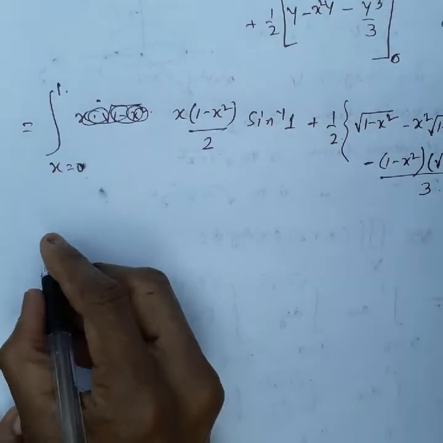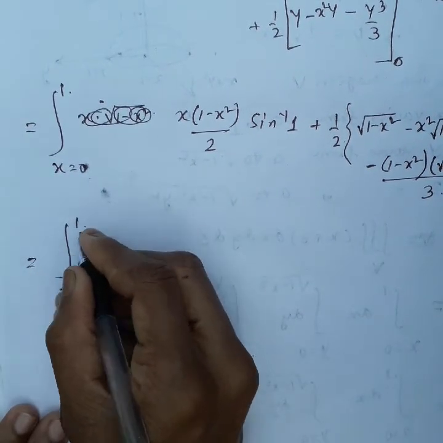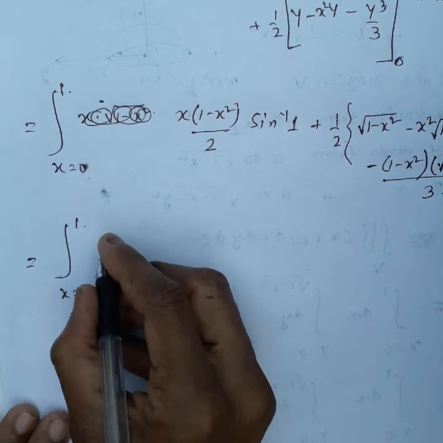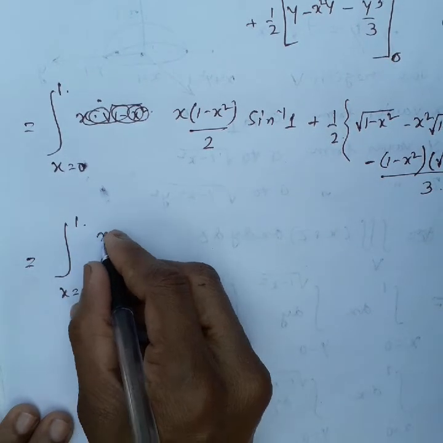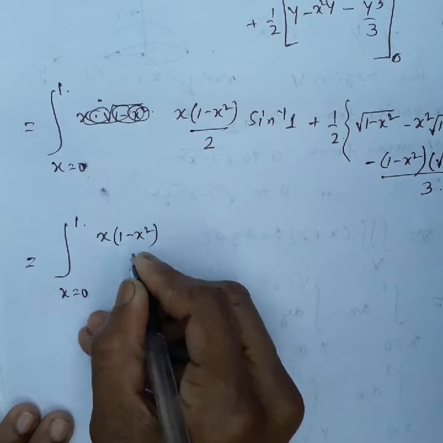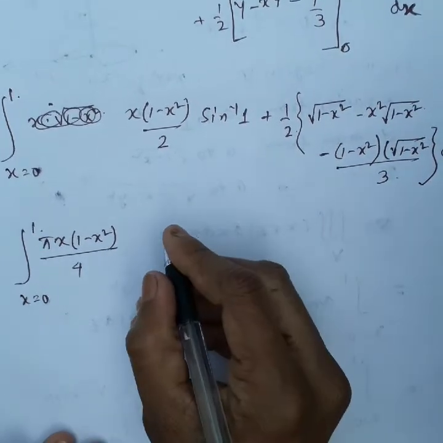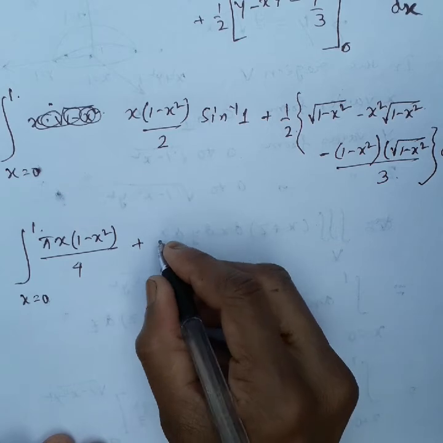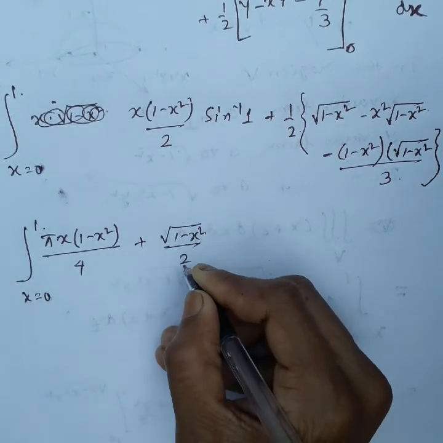dx, that is x equals 0 to 1. Sin inverse 1 means pi by 2, so it is x into 1 minus x square pi by 4 plus root over of 1 minus x square by 2.